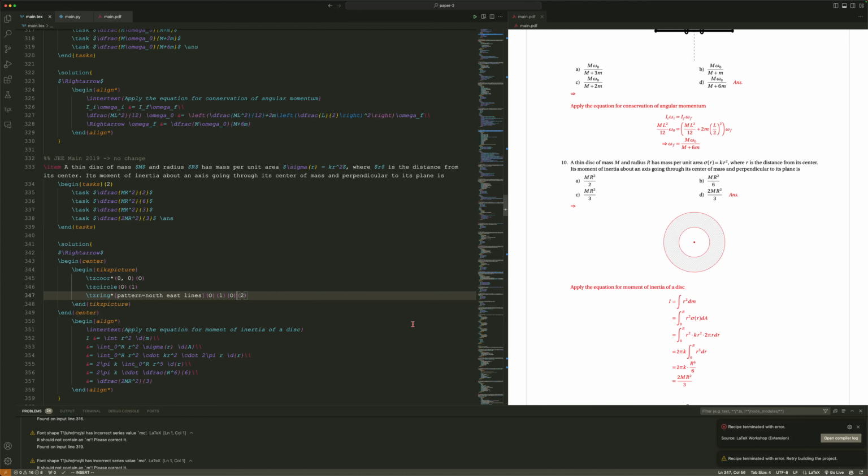So yeah, as you can see this is the ring, but we have to make this ring thinner. So I'm gonna put 1.25.